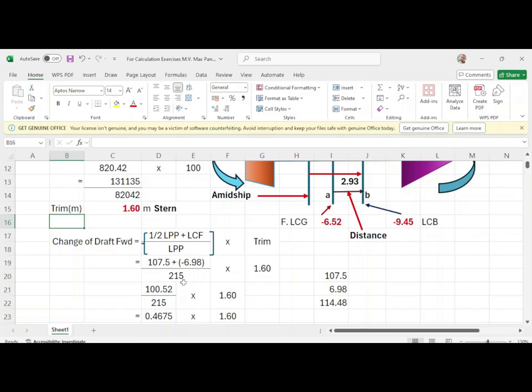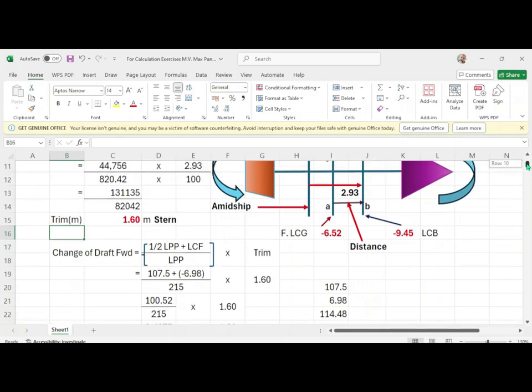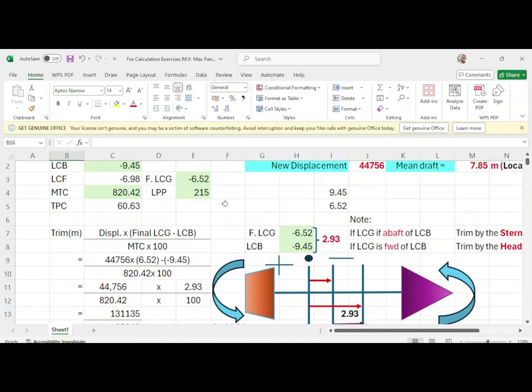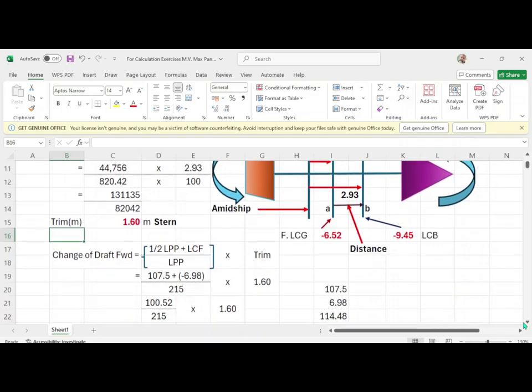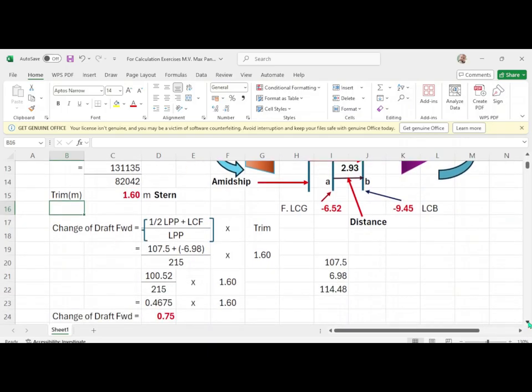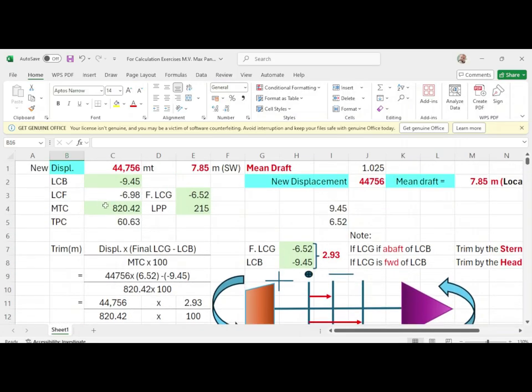The ship's LPP is 215, or length between perpendiculars, plus your LCF. LCF is 6.98. Okay, so 6.98 is over 6.52.